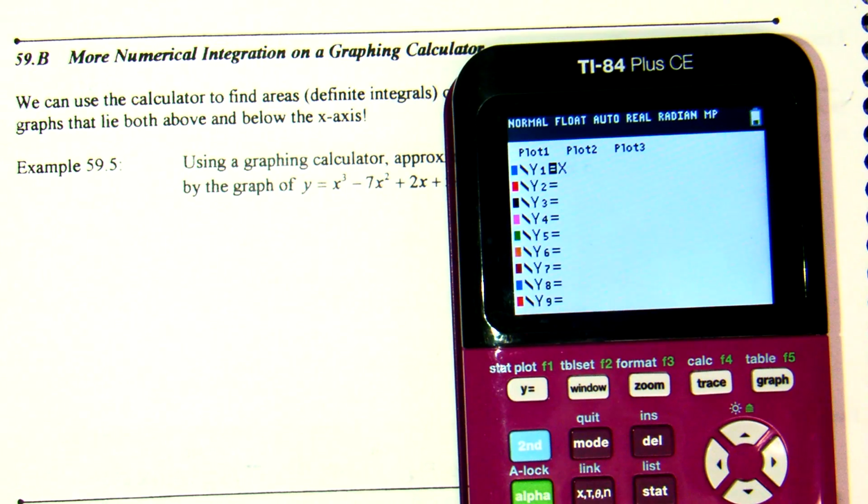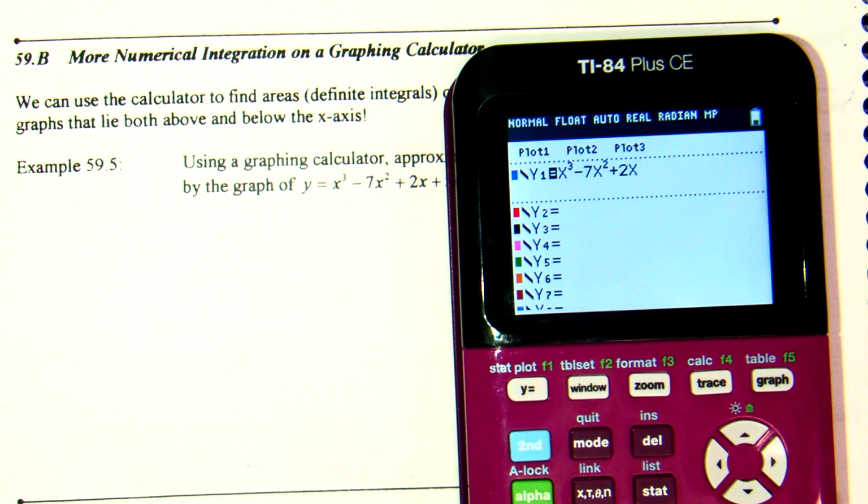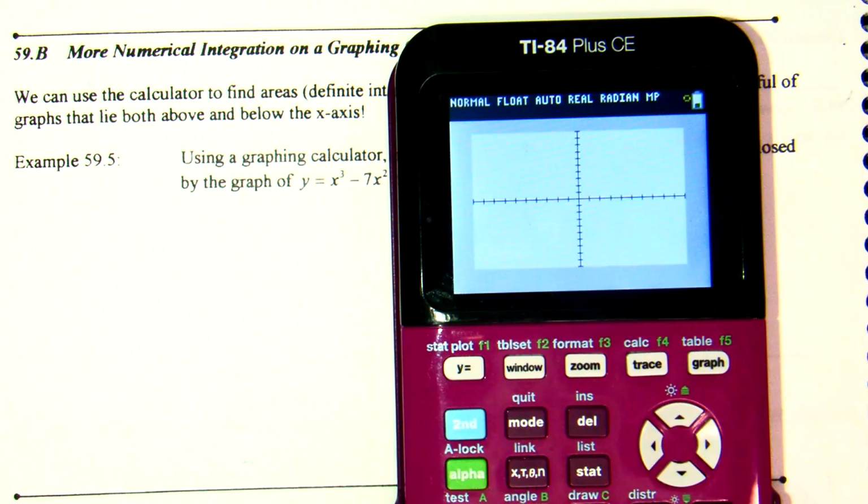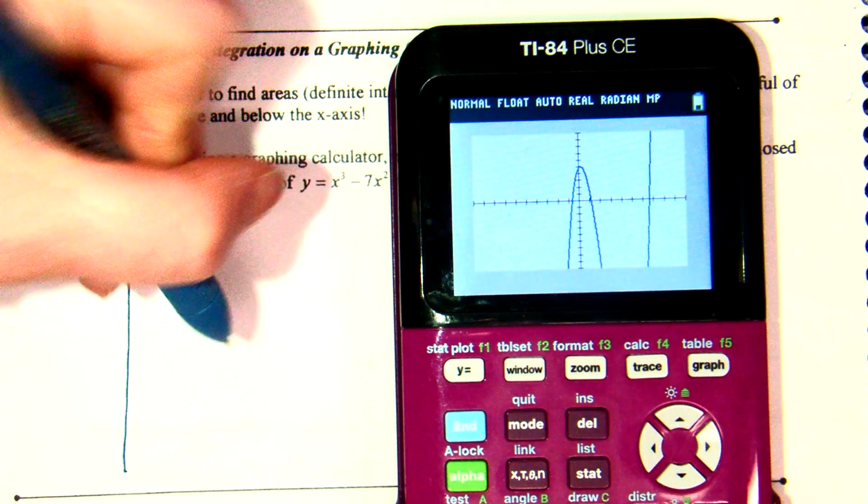Okay, I can see what I need to see here. We knew it was a cubic, so there was no question there. I can see that my graph goes zoom, zoom, zoom.